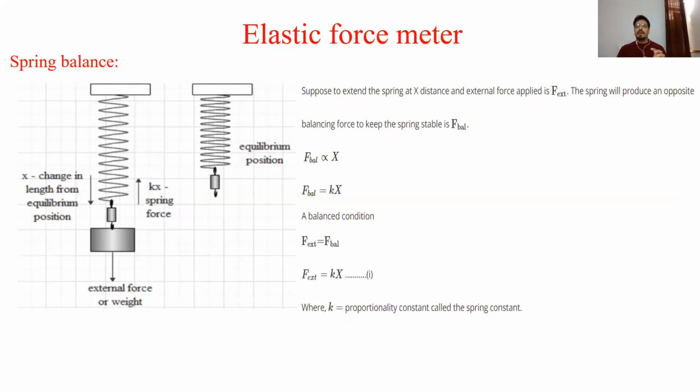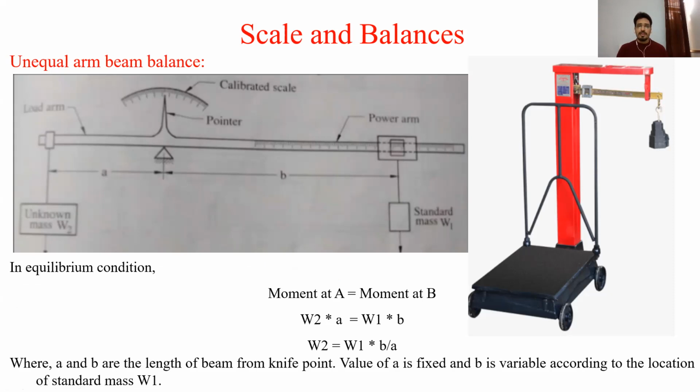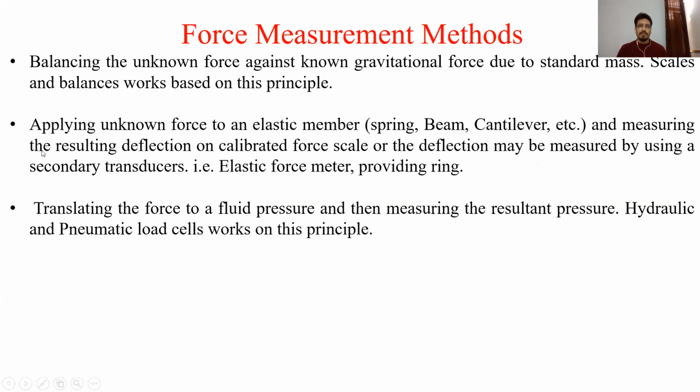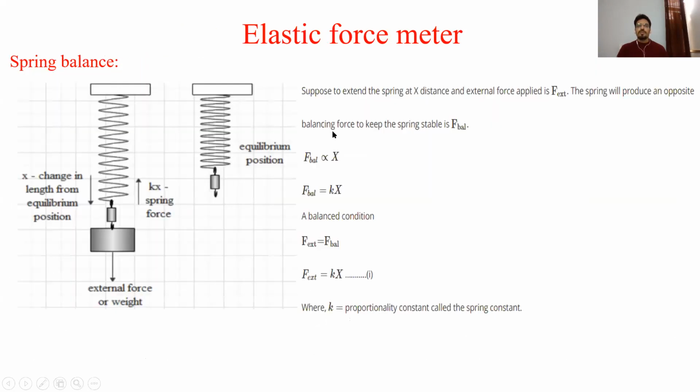Next is the elastic force meter. The elastic force meter falls in the second category, applying unknown force to an elastic member. In the case of a spring balance, this is the equilibrium condition when no force is applied.